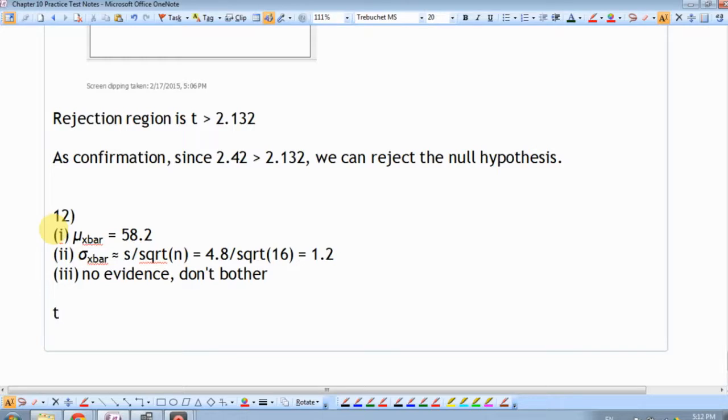So T is going to be equal to x bar, 56.85. Use 58.2 for the x bar, divided by sigma x bar.